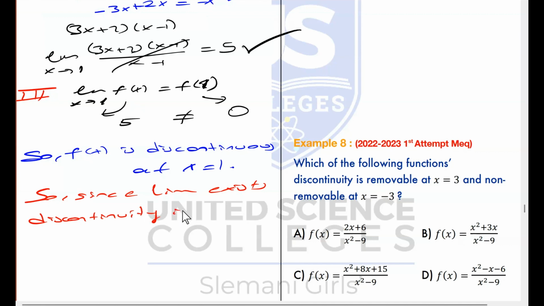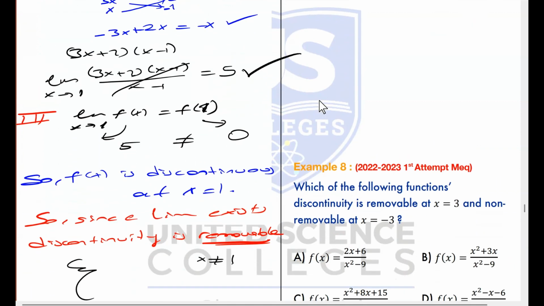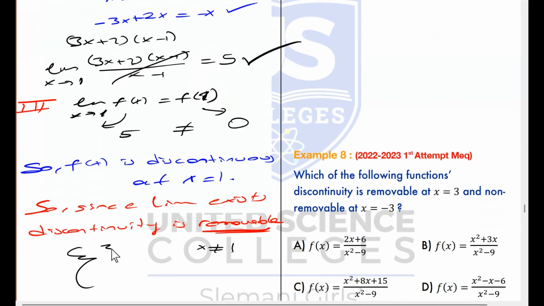If I remove the discontinuity, I can redefine the function. How am I going to redefine the function? For the not equal case, I'm going to write the given original function. What was the original function? 3x squared minus x minus 2 divided by x minus 1.